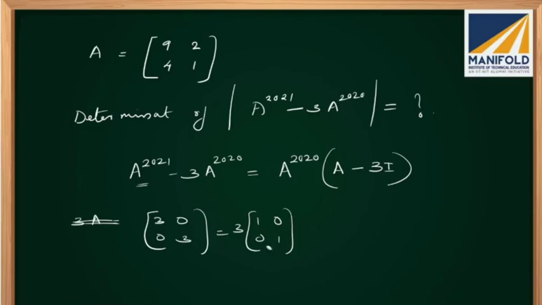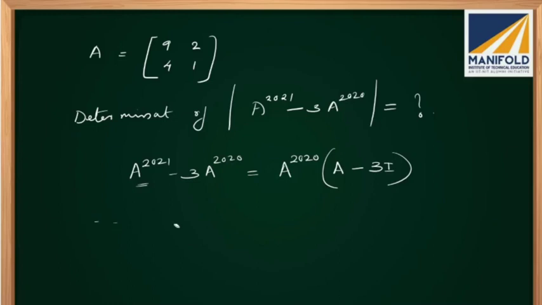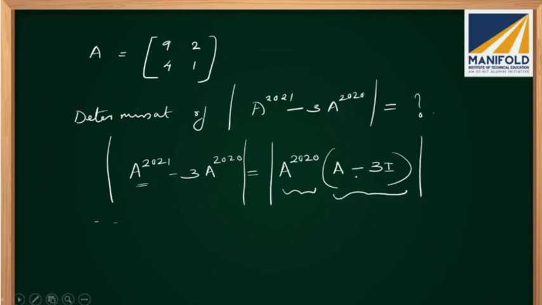Now I have two matrices as product, right? Two matrices as product. So if I want to write the determinant of this thing, that is equivalent to determinant of the right side. So this is one matrix and this is another matrix. Now I have determinant of A into B. If I consider this as the first matrix and this as the second matrix, it's a product of two matrices.